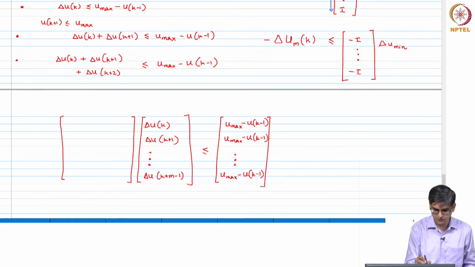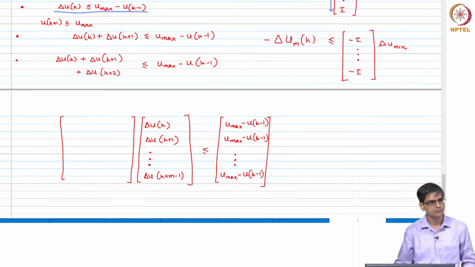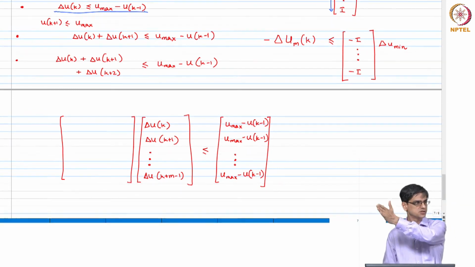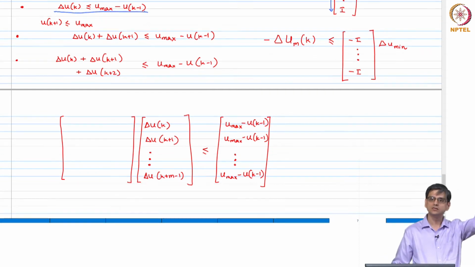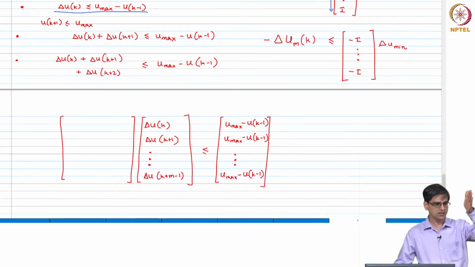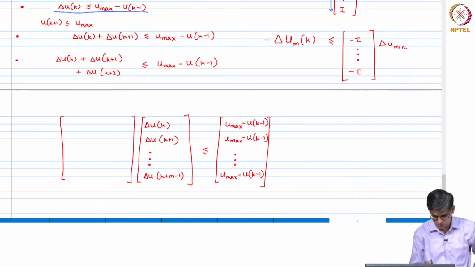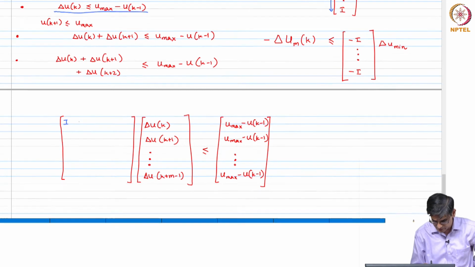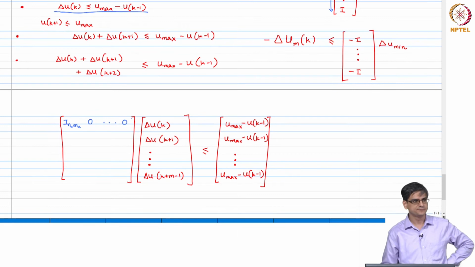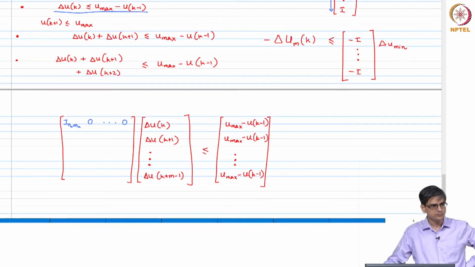First row is for this equation, identity 0 0 0 0. In scalar it is 1 0 0 0, in vectors it is I 0 0 0 on the first row, right. So, you have identity which is nu by nu, and 0 is also an nu by nu matrix.